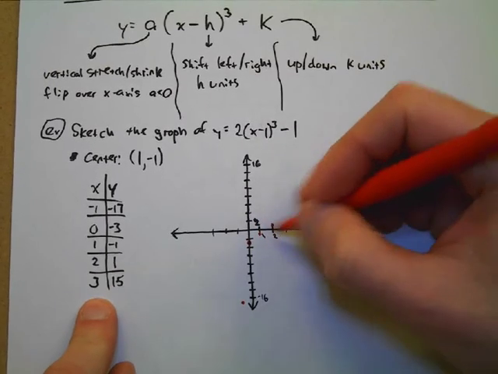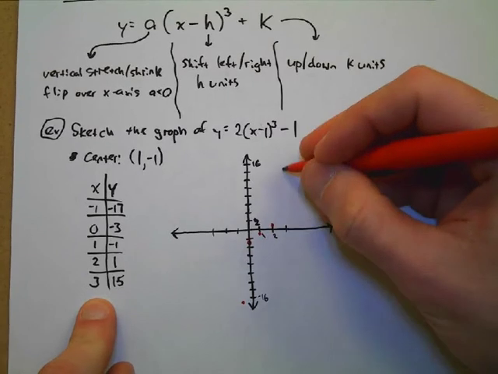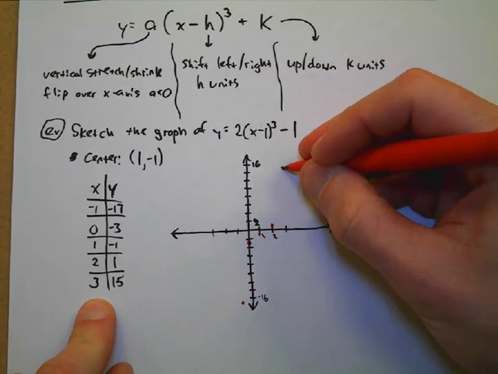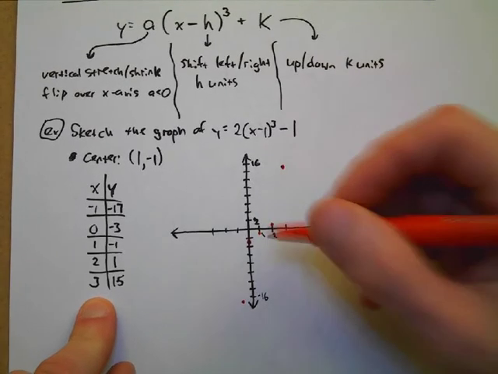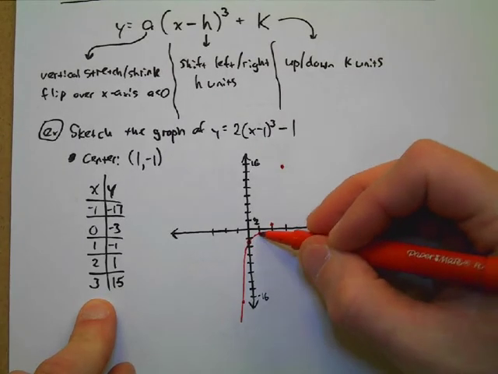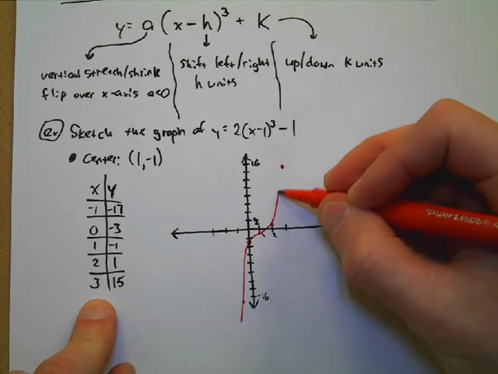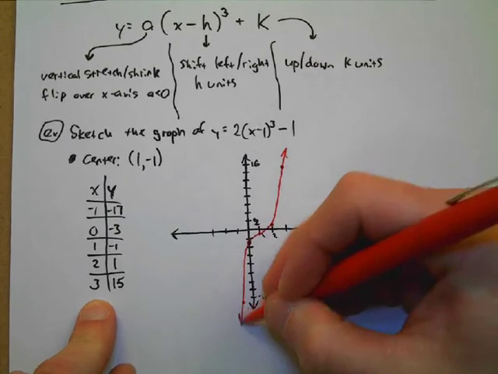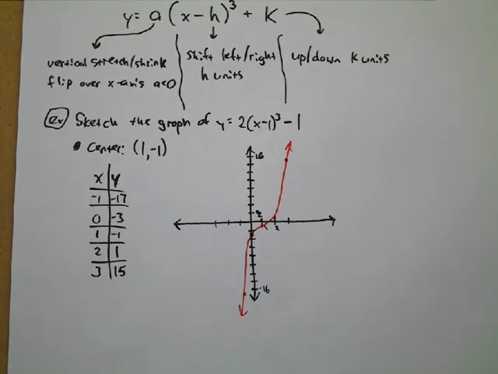And then 3, and then 15 up there. There's the graph.